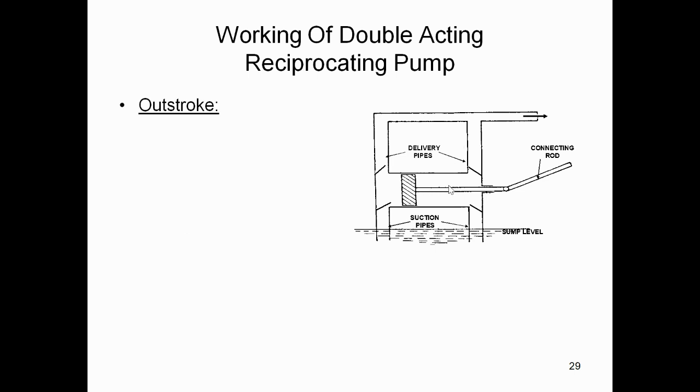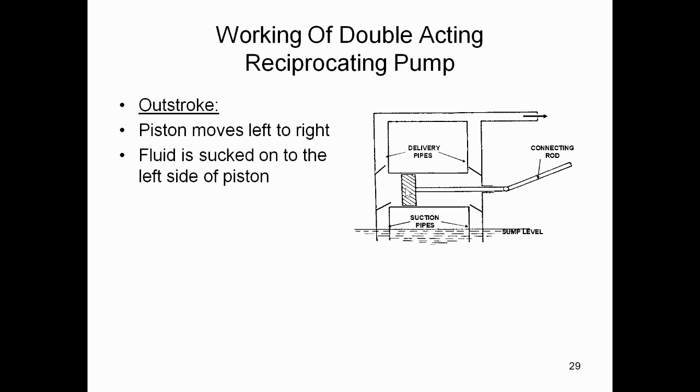Next, we can see the outstroke of the double acting reciprocating pump. The piston moves from left to right. That is the outstroke.